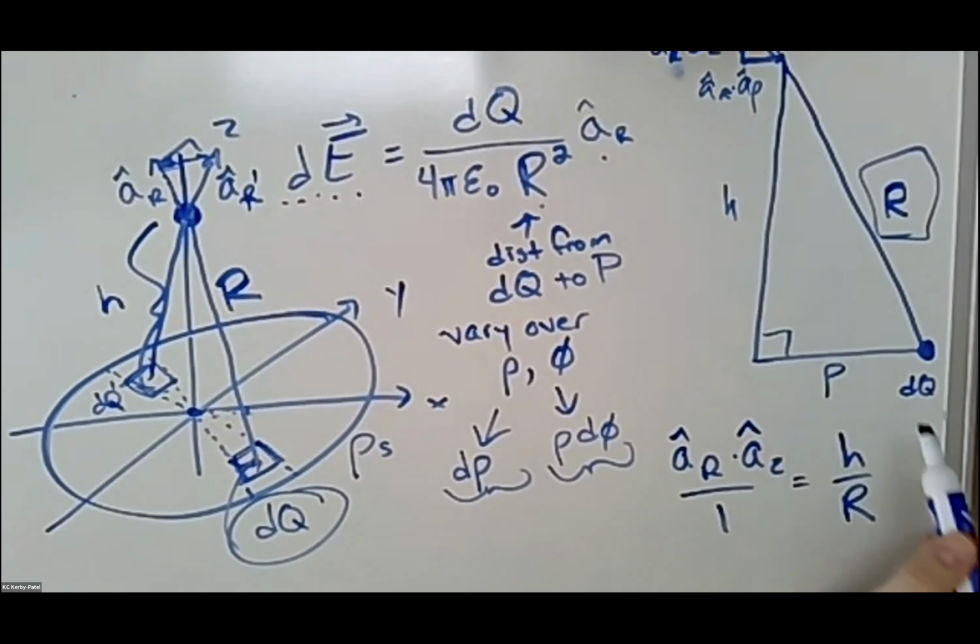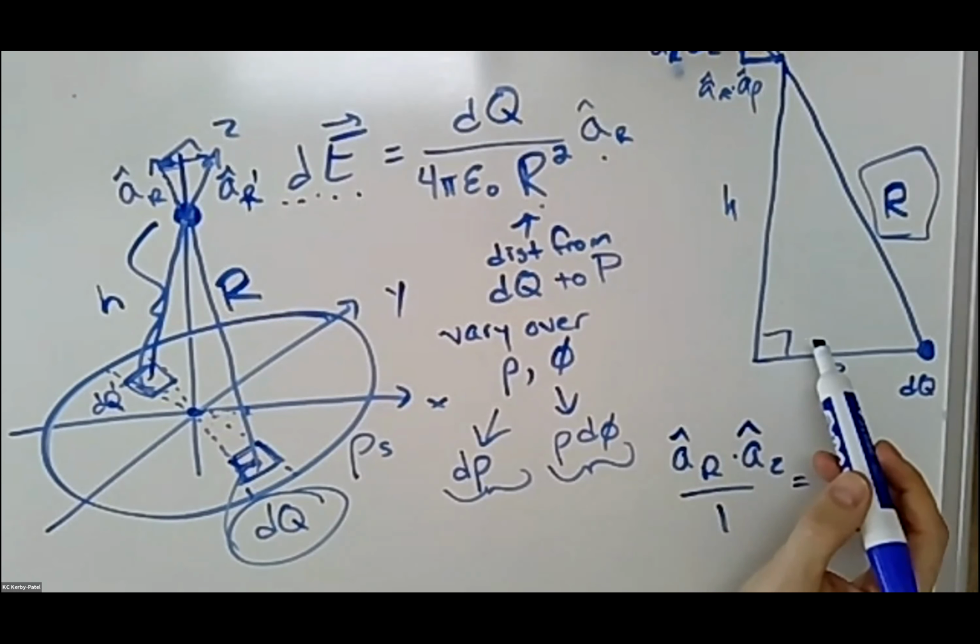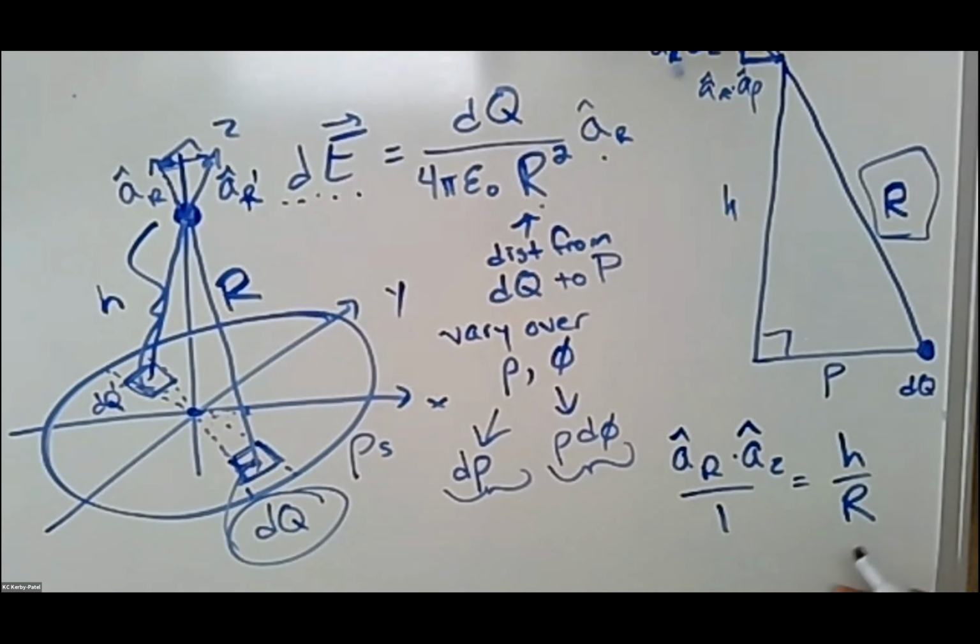This is a right triangle, obviously, because the z-axis is perpendicular to rho. So the value of big R is square root of h squared plus rho squared.